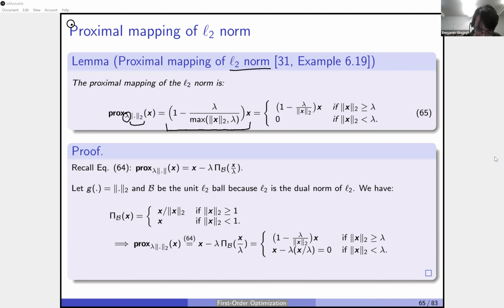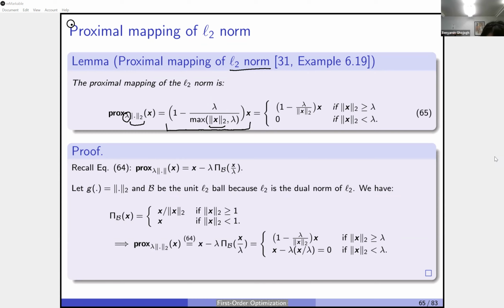It means that when the L2 norm of x is greater than or equal to lambda, then the denominator here becomes L2 norm of x. So we'll have 1 minus lambda over L2 norm of x times x. If this L2 norm is less than lambda, this max becomes lambda, the denominator becomes lambda, then lambda over lambda is 1, 1 minus 1 becomes 0, so this becomes 0.